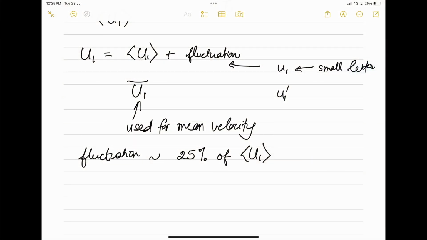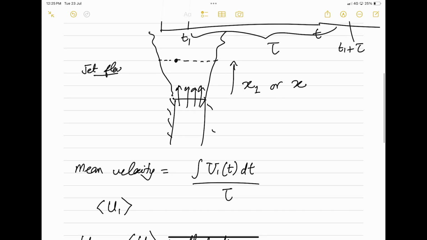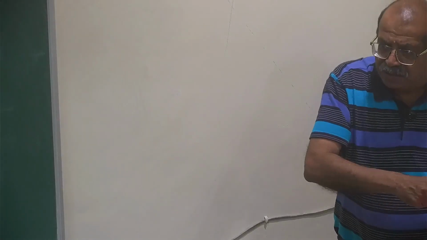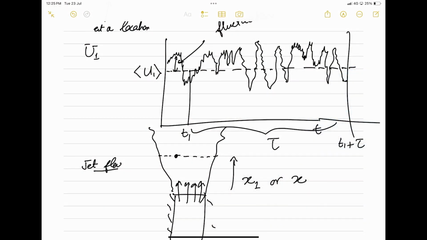But then what one finds is that while in a turbulent flow, as we said, at every instant the velocity goes like this in an apparently random way.